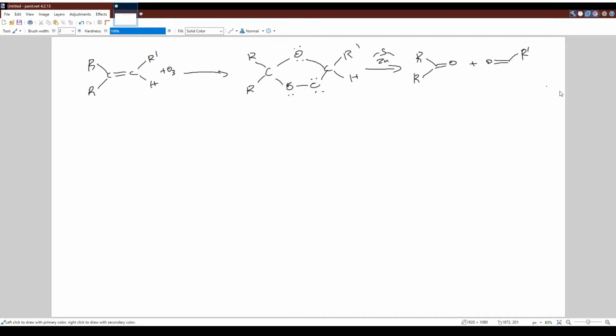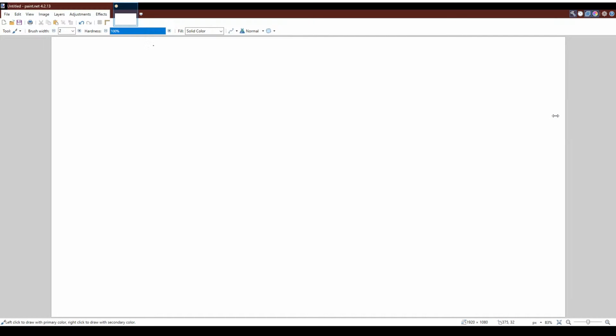Okay, let's do some examples. They have a non-3-ene here. 1, 2, 3, 4, 5, 6, 7, 8, 9. Okay. And then if we treat it with ozone, and then I guess DMS.